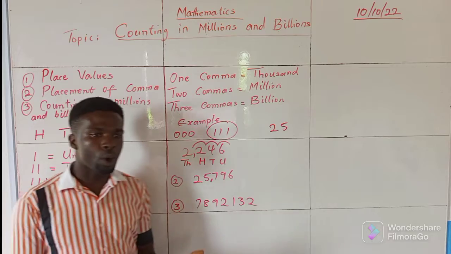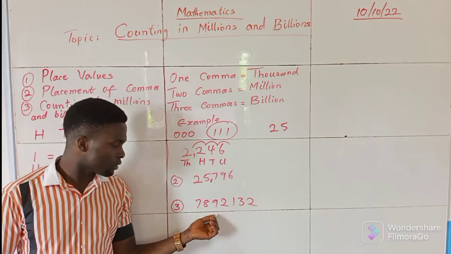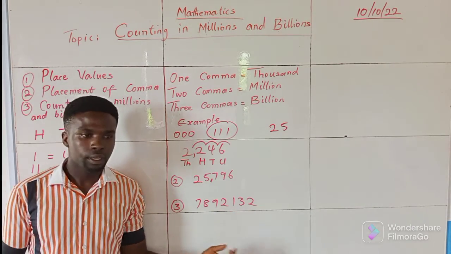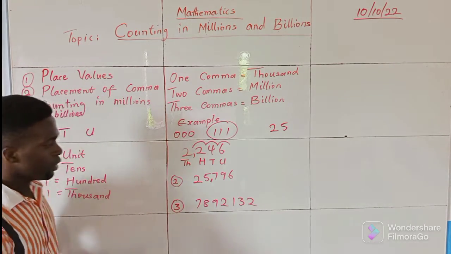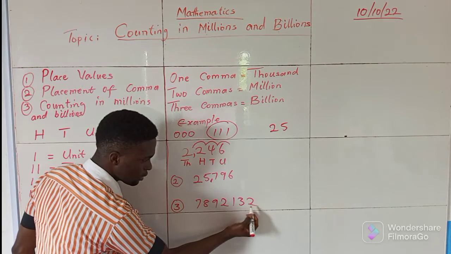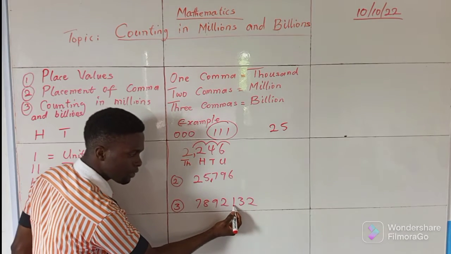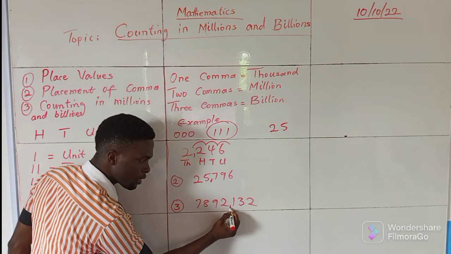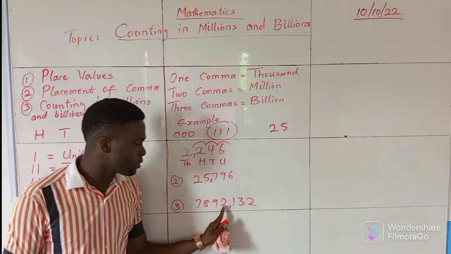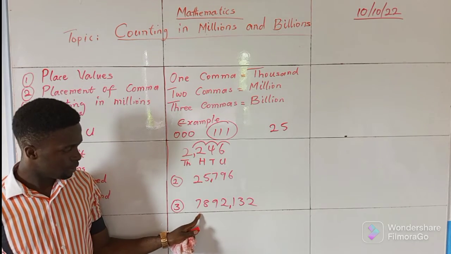But if you're asked to pronounce this, you will be confused. So let's go by our grouping, the rule of grouping. From your last digits you count 1, 2, 3. Remember, after you count 3, you put your first comma. Then you count again because the numbers remaining are more than 3.